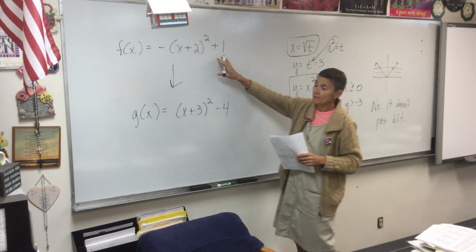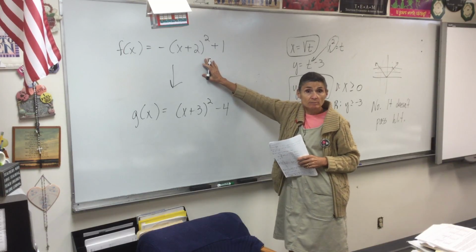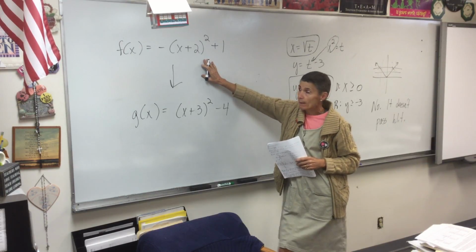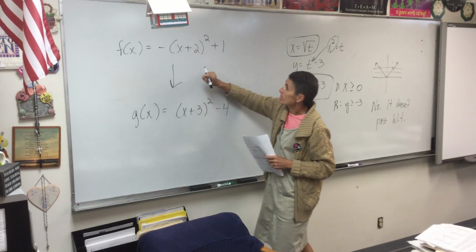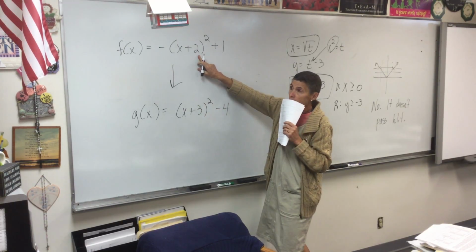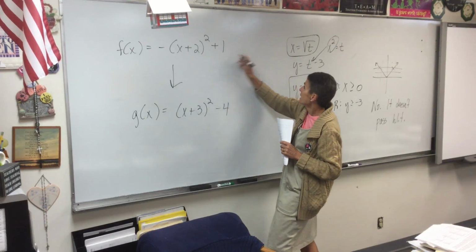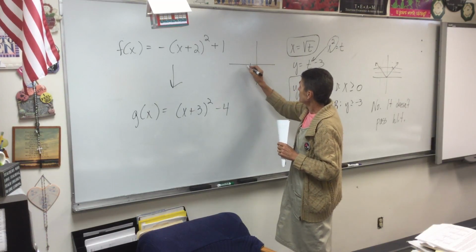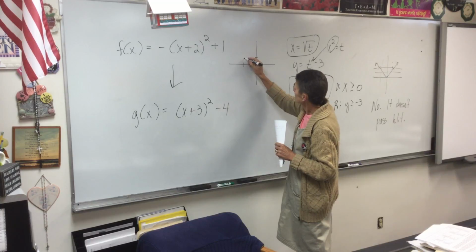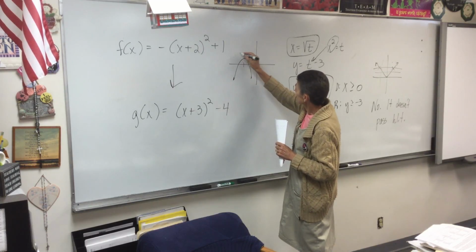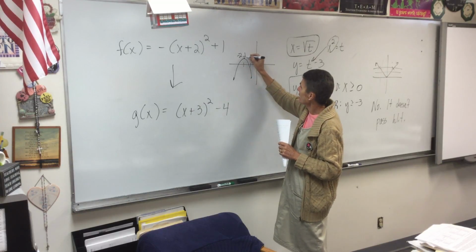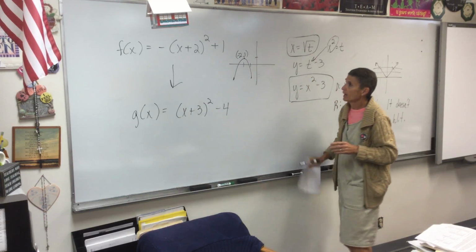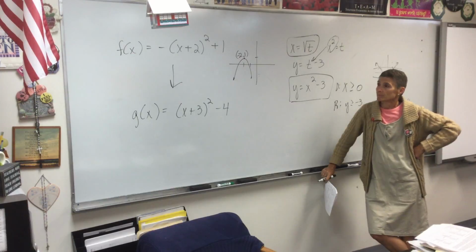So let's look at what this is. This is a parabola, squared parabola. It's upside down, and it's been shifted 2 units to the right and 1 unit up. So if I drew a picture of it, it would look like this. 2 units, I said right, and I meant left. 2 units to the left and 1 unit up, and it's upside down.